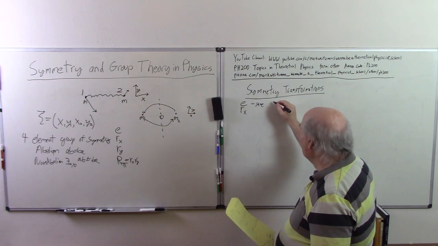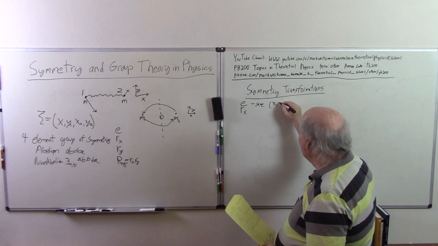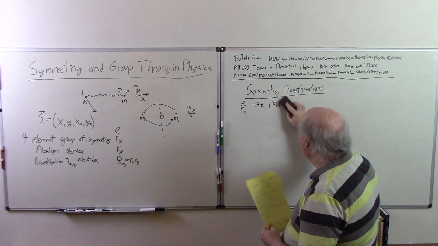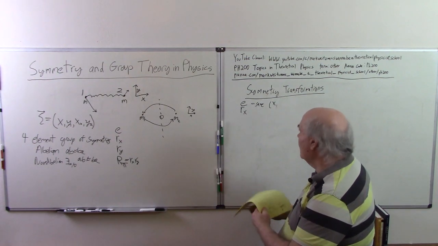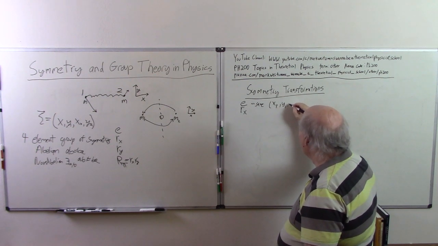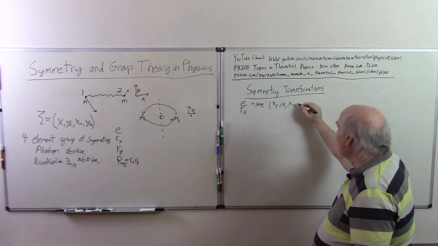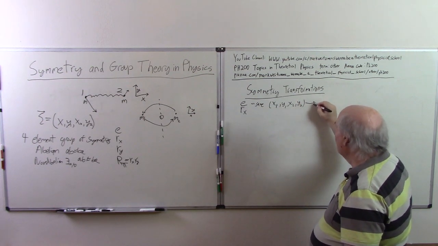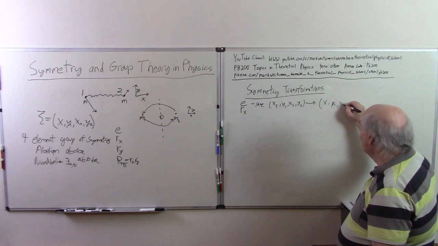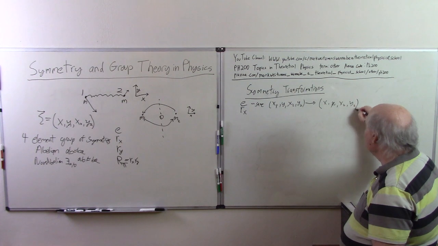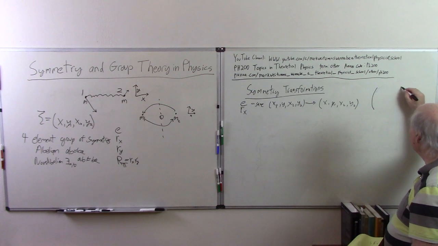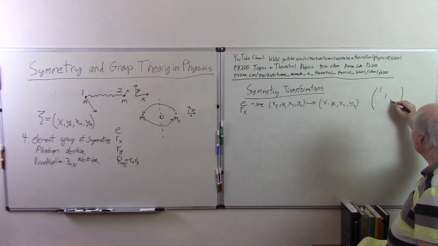So x1, y1, x2, y2 goes to, nothing changes, x1, y1, x2, y2. And the matrix that's going to represent that is just a 4x4 identity matrix, 1, 1, 1, 1.